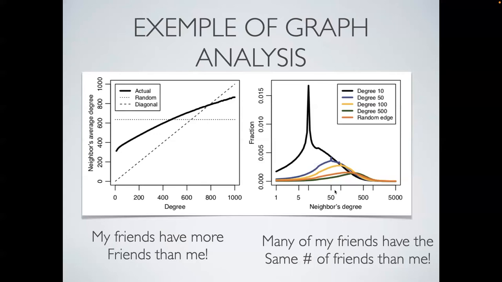This seems a little bit counterintuitive with what we have seen here. If you have a given number of friends, on average your friends tend to have approximately the same number of friends as you, but still they have more friends than you. This is just an artifact because this plot is in log scale. It emerges from the property that there are some very famous people. Among your friends, there is a high chance that some have a very large degree.